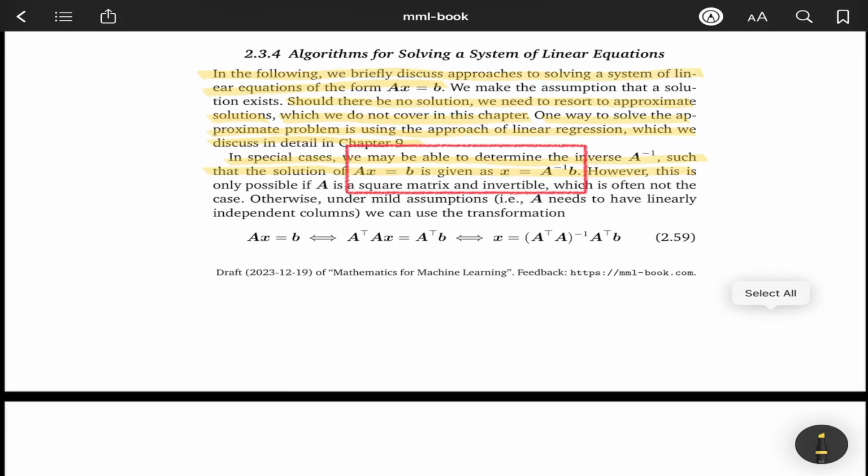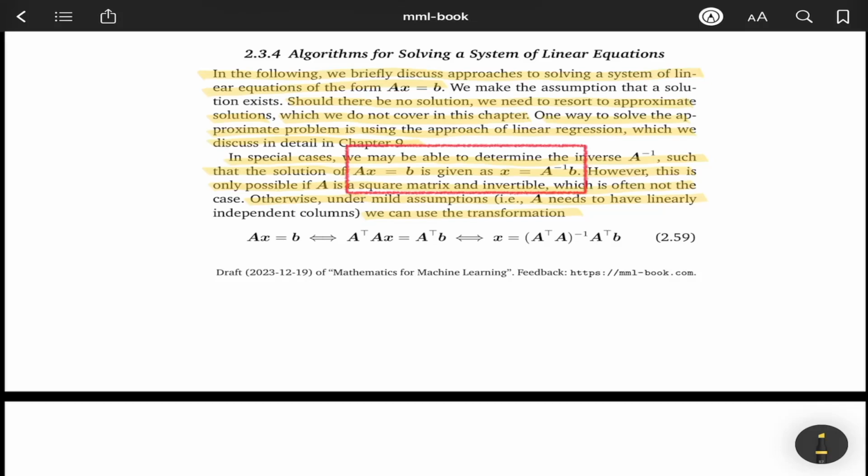However, this is only possible if A is a square matrix and invertible, which is often not the case. Otherwise, under mild assumptions, A needs to have linearly independent columns. We can use a transformation. We transform Ax = b so that we add the transpose on the left side.